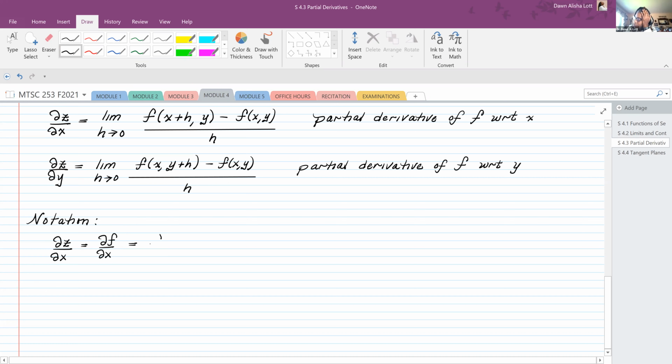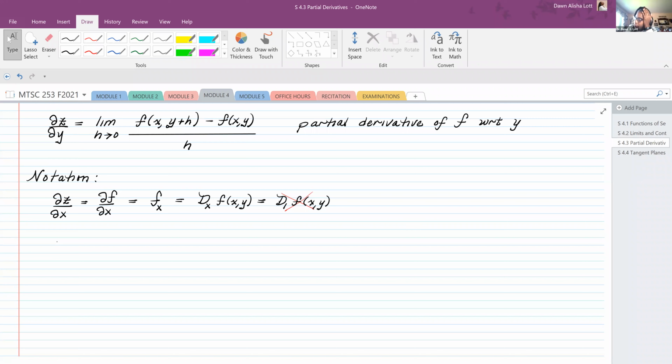You may also see f sub x. That means take the derivative of f with respect to x. You may also see capital D sub x of f of x, y. And what you more than likely will never see me write is D1 of f of x, y, where the 1 means the derivative with respect to the first argument. I never use this.